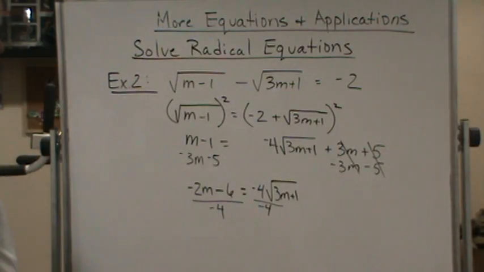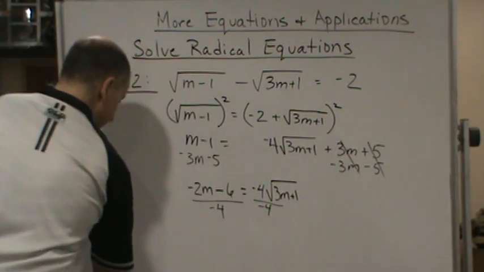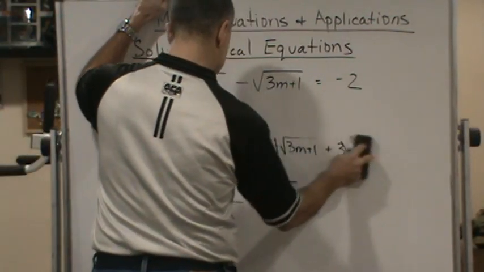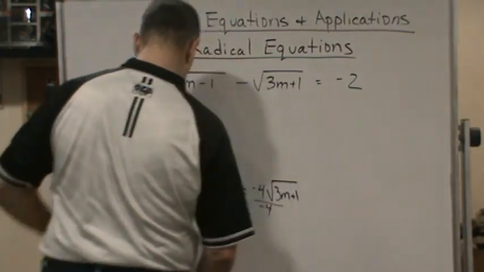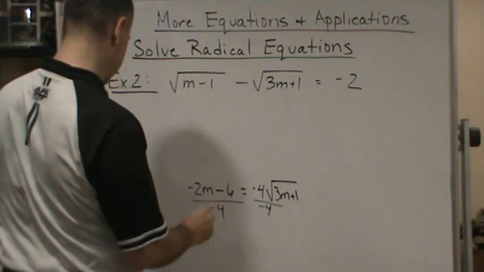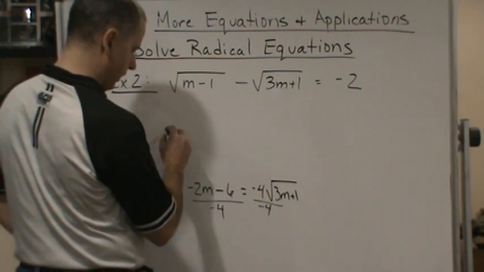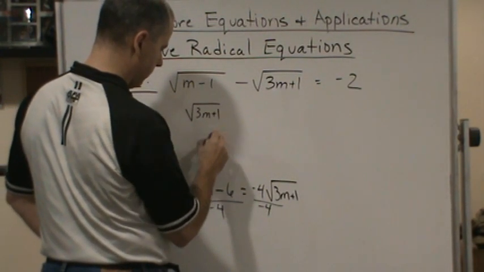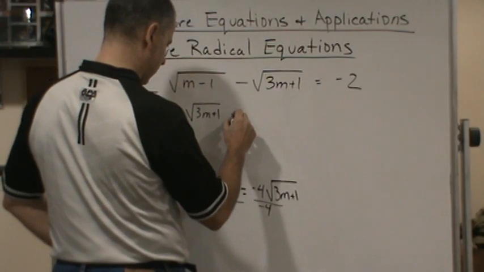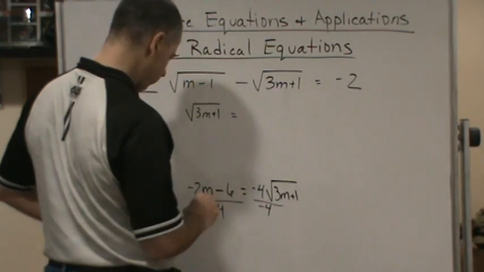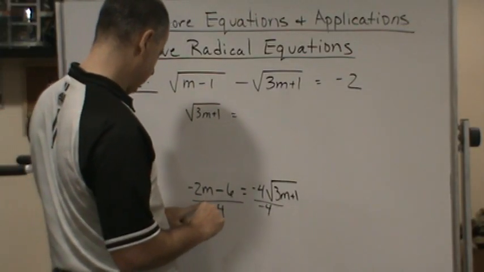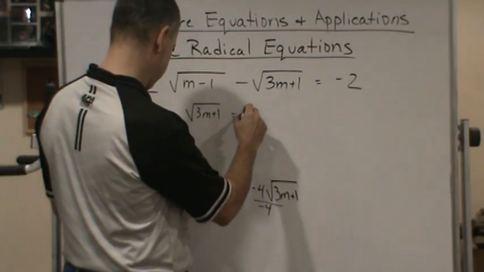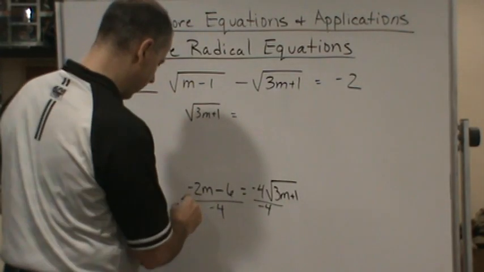Right? And so now I get the square root of 3m plus 1 equals, so if I pull the negative out, let's just do this.